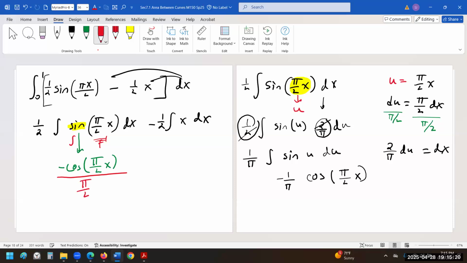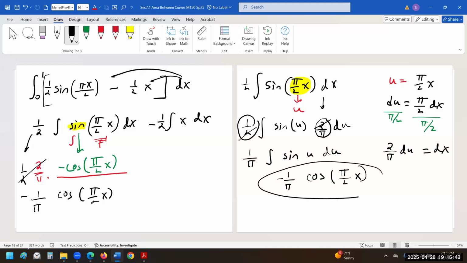So dividing by pi half, which means multiplying by 2 over pi. So you get 2 over pi here, and you still have your 1/2 here. So they cancel out. What do you have? Negative 1 over pi cosine pi half x, which is exactly the same as this one. You see? So the main idea behind u substitution is the antiderivative of the trig divided by the derivative of the angle.